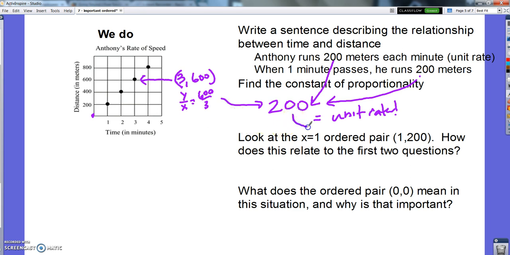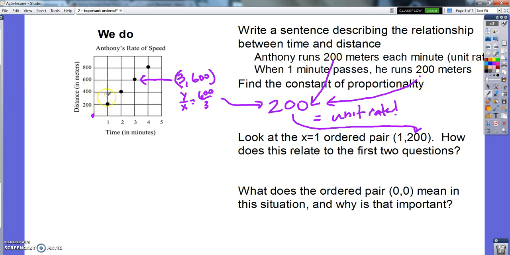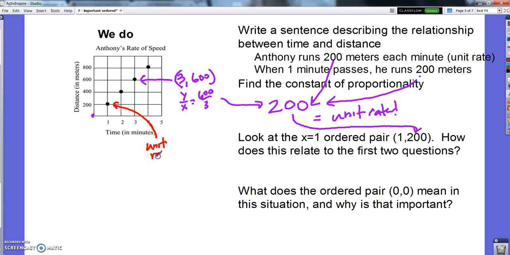Speaking of that number 200, we're going to look at that point on the graph next. So when I look at that point right here, I like to call that my unit rate point, because that's where x equals 1 minute. Remember, a unit rate's got to have a 1 in it, and it's a 1 on the independent variable.